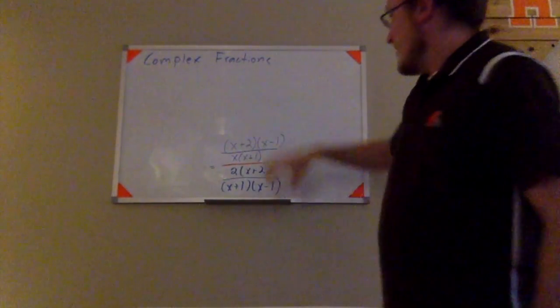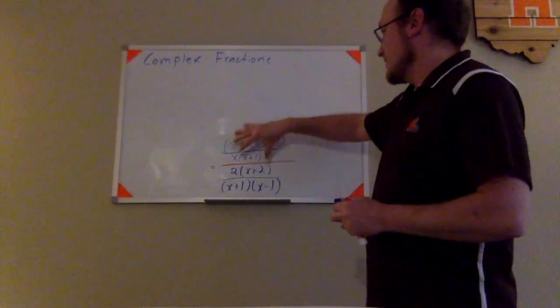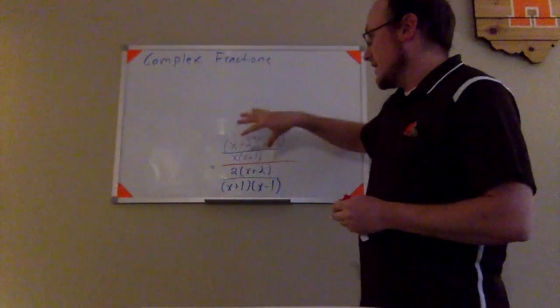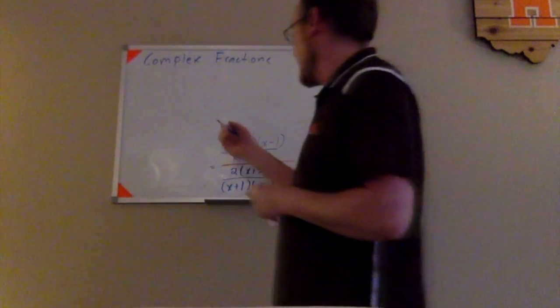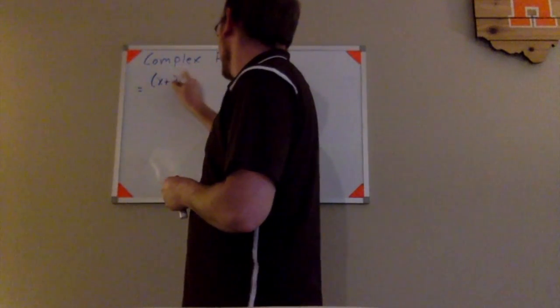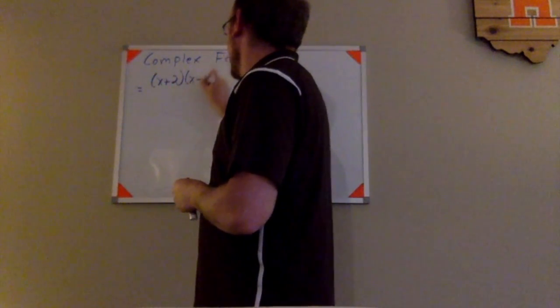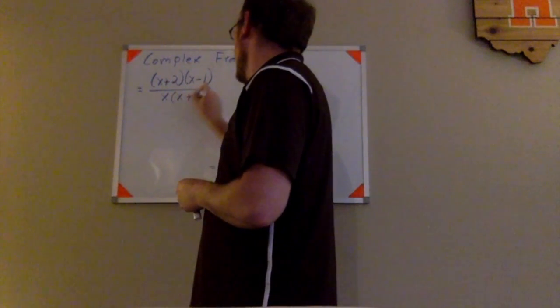And finally, I have one fraction divided by another fraction. So when I do that, instead of taking this fraction divided by this fraction, I'm going to take this fraction and multiply by the reciprocal of that fraction that's in the denominator. So that would give me x plus 2 times x minus 1 over x times x plus 1.